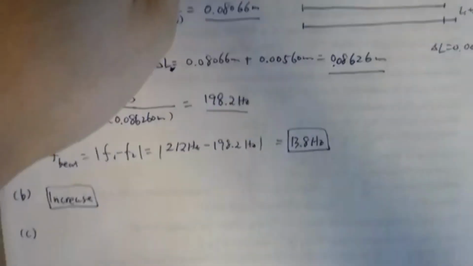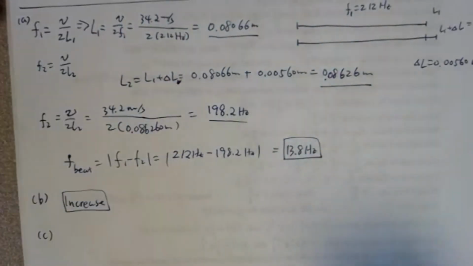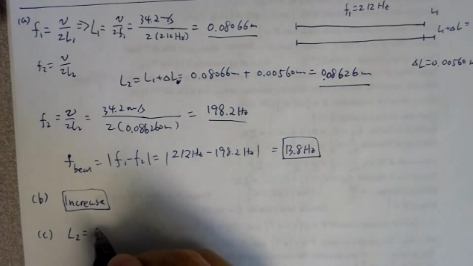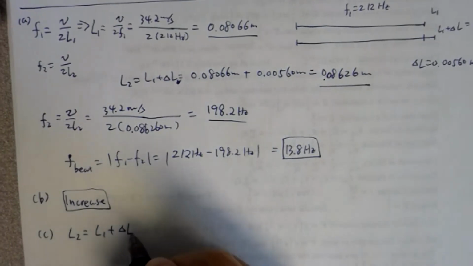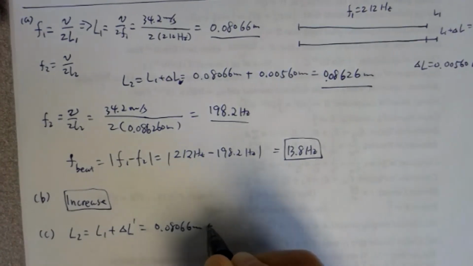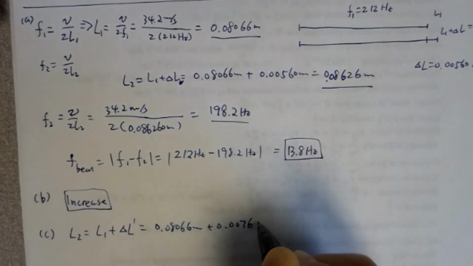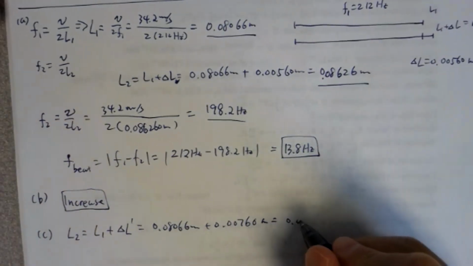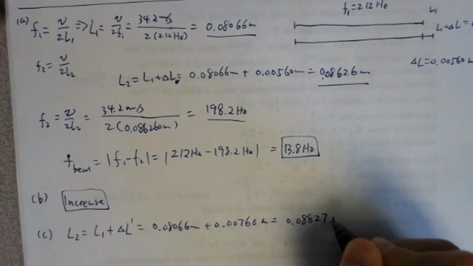So just repeating what we did in part A, we'll start from there. L2 now is L1 plus the new delta L: 0.08066 meters plus 0.00760 meters, which is 0.08827 meters.